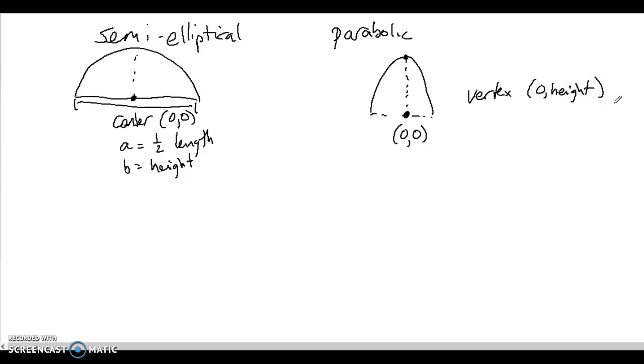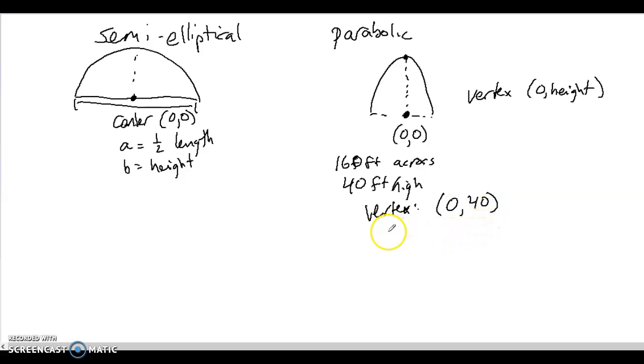So the specific case that I'm looking at right here gave us 160 feet across at the base and 40 feet high. So, in this case, my vertex is 0, 40.